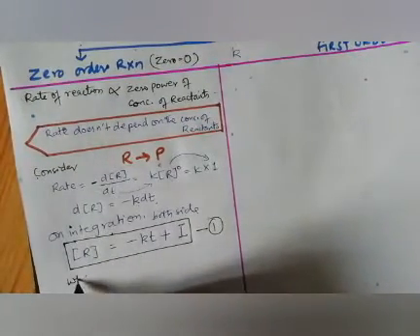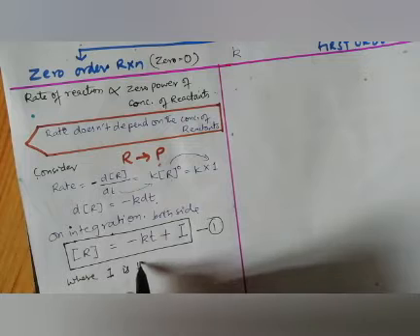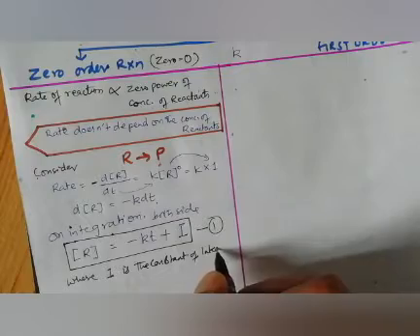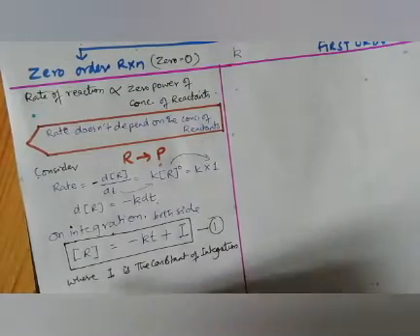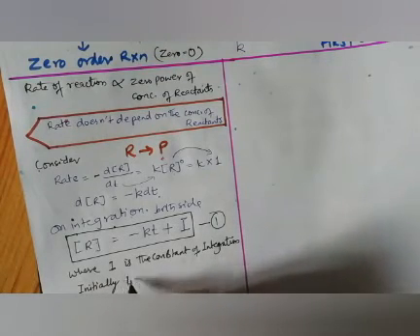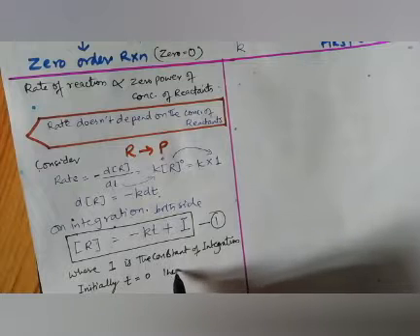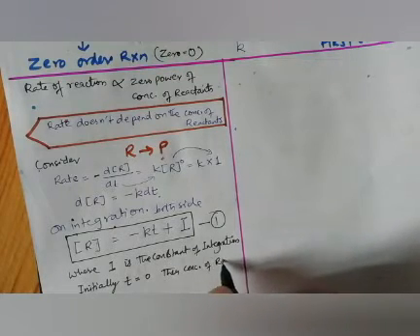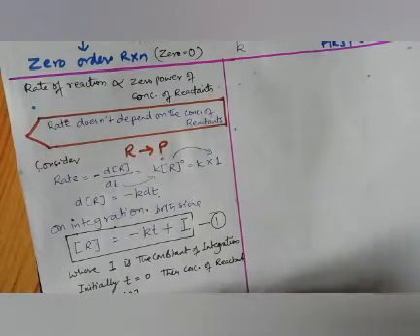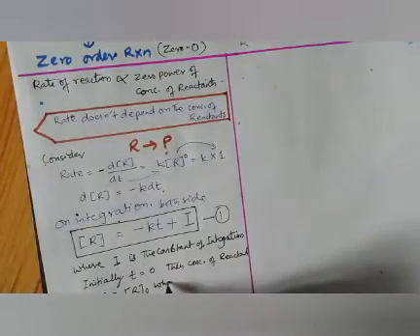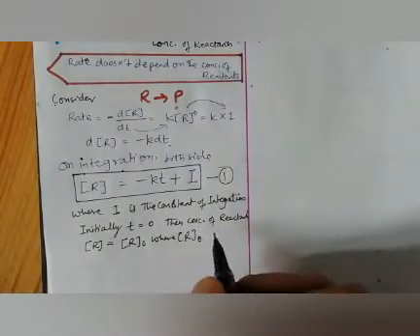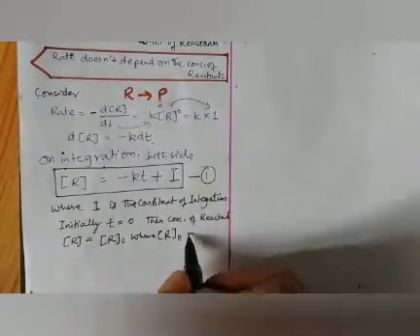Here I is the constant of integration. Initially, when t is 0, the concentration of reactant R is equal to R naught, where R naught is the initial concentration of reactant.